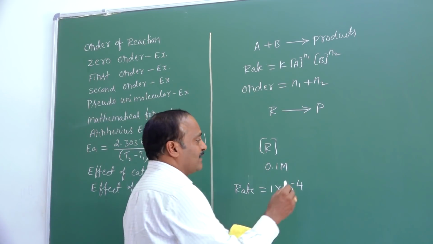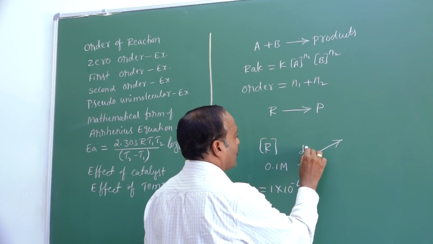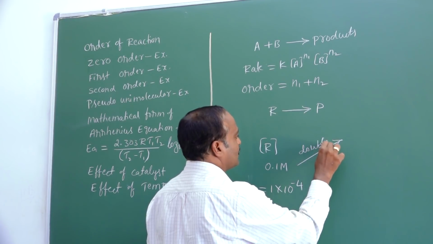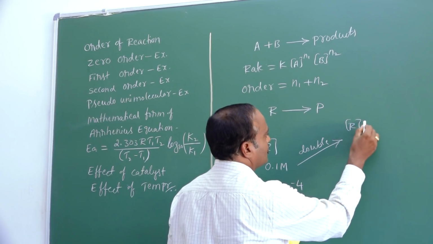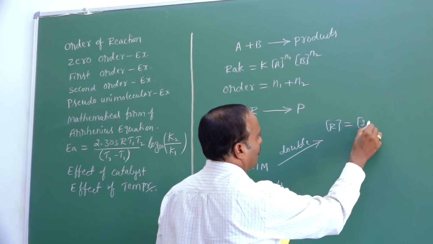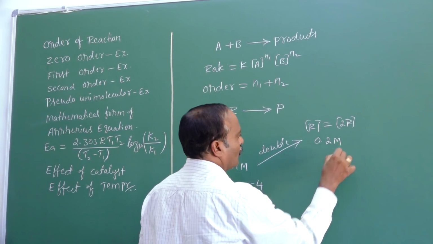Here the concentration of the reactant is doubled, or becomes 2R, its concentration is 0.2 mole.